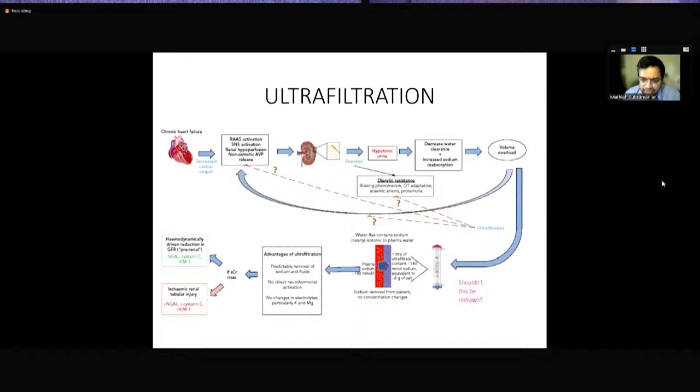So you're reducing your peripheral and pulmonary edema without activating the renin-angiotensin system. Sometimes we feel that ultrafiltration should only be used for patients where creatinine is 3 or 4 and they are in end-stage renal disease. There is a role for ultrafiltration just for relieving peripheral and pulmonary edema.